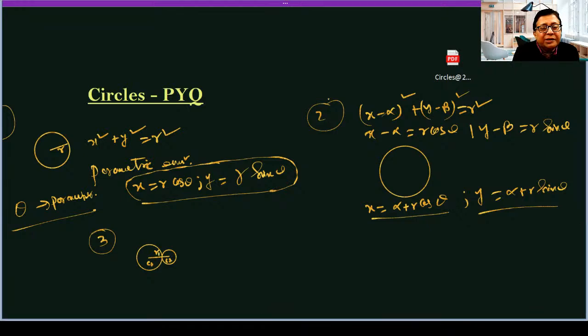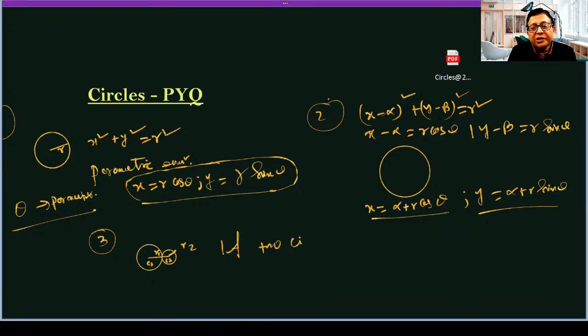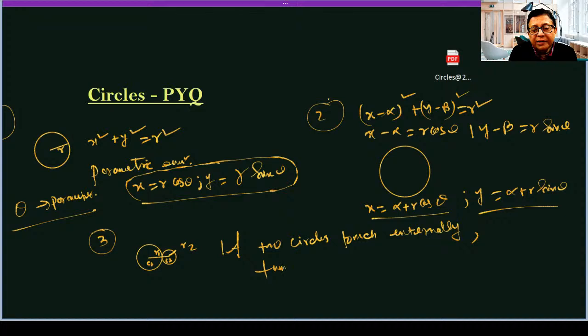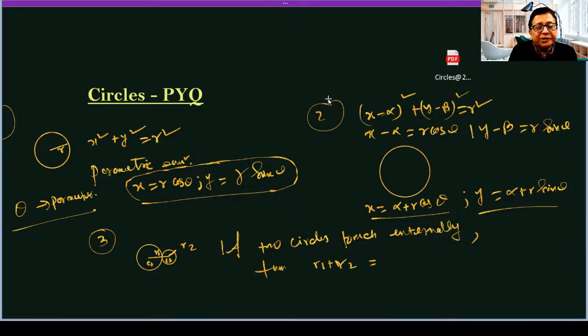Say this is R1, and the radius of this circle is R2. If two circles touch externally, then R1 plus R2 is equal to the distance between their centers.